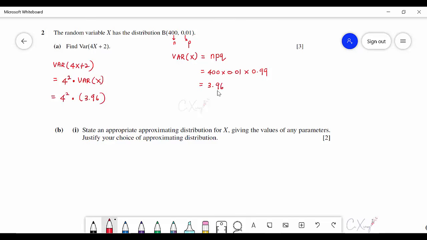From here you will get the value of this variance, which is 63.36, or you can write it in fraction form, 1584 over 25, or you can rephrase it into a 3 significant figure answer.